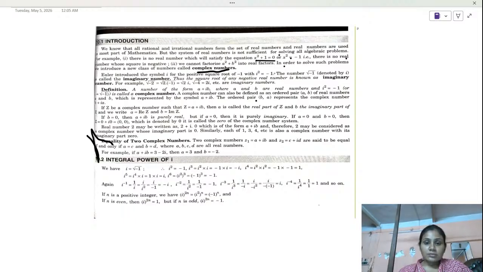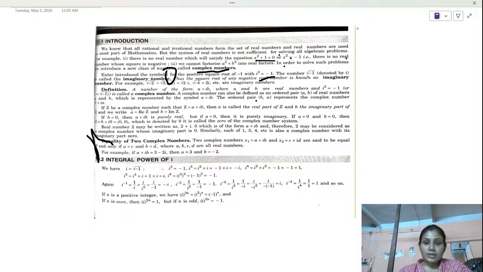Now, one symbol is there, that is iota. The value of iota is square root of minus 1. So iota square is minus 1.